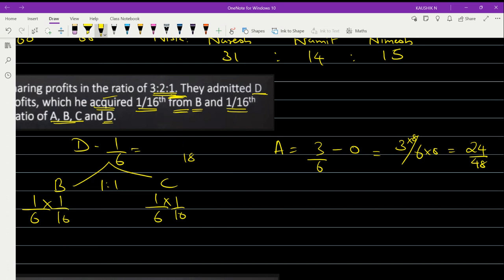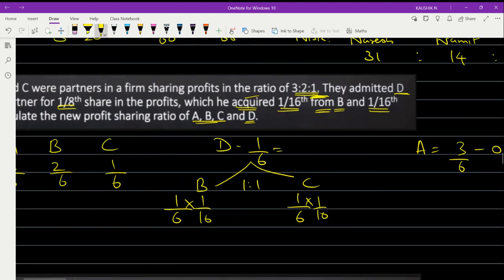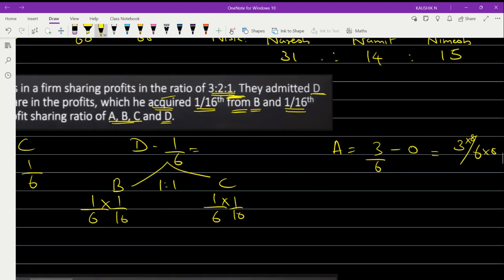Yes, this will be 1 by 8. So D has been admitted for 1 by 8. Sorry, I made a mistake.